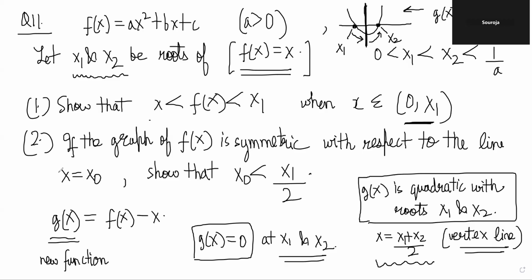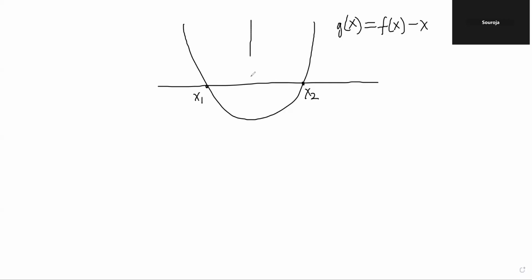So what I'm saying is, this is my g(x) graph. g(x) is f(x) minus x. The roots are x1 and x2, and the vertex of this graph is at the midpoint of the roots, so (x1 plus x2) by 2.